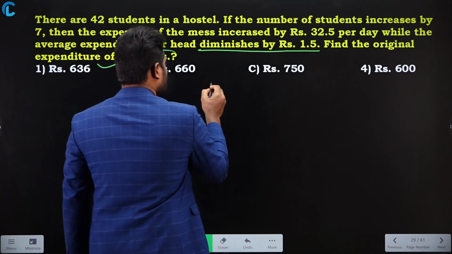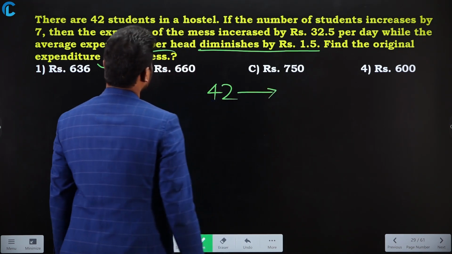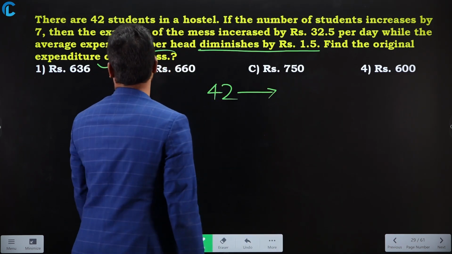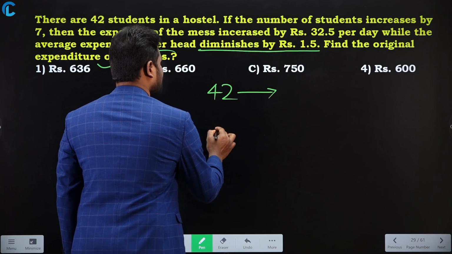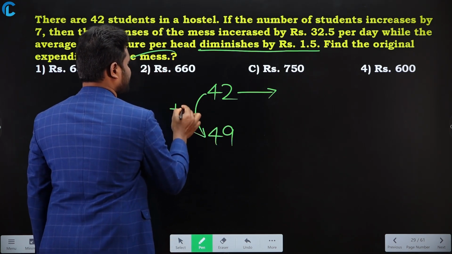Okay, look here. Total how many students are there? 42 students in a hostel. If the number of students increased by 7, now it is going to be 49 students.